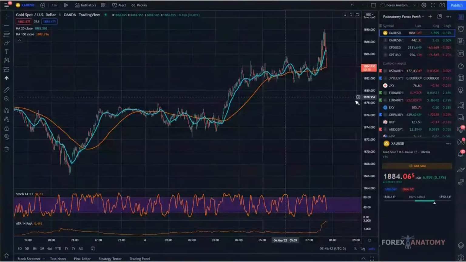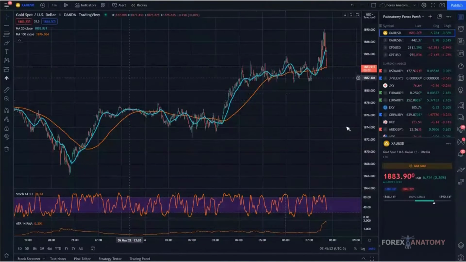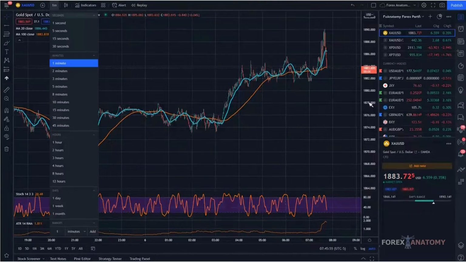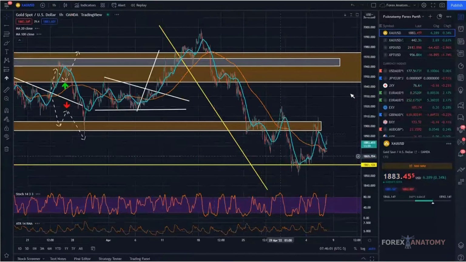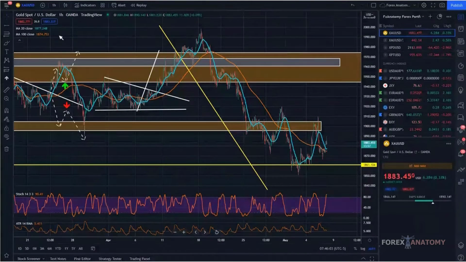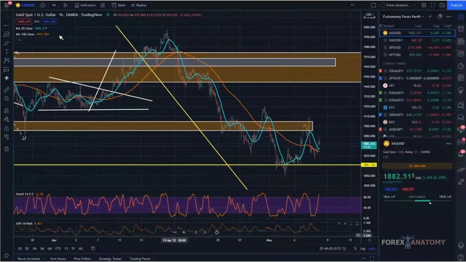All right, guys. So what we're going to do, we still have a few more setups that we want to look at. But before I do that, I first want to see how that Euro USD pair is looking. So let me go to the 1 hour chart.